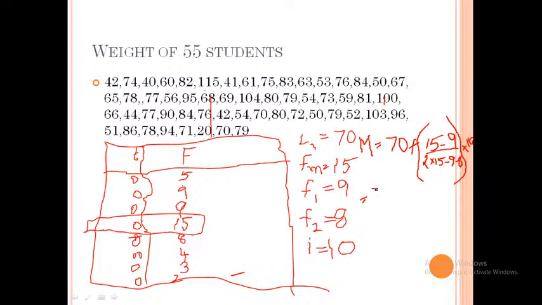That is equal to 70 plus 15 minus 9 divided by 2 into 15, and we get the value, that is 60 divided by 13.